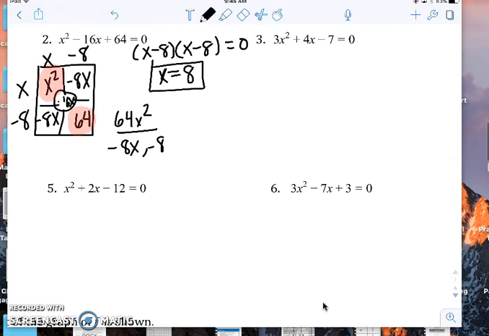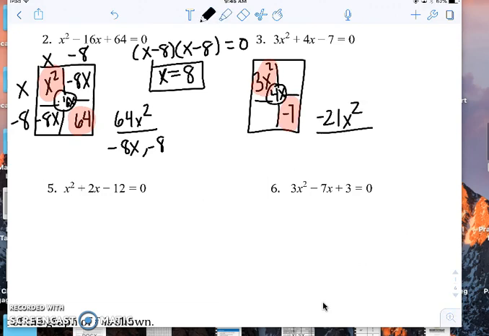So this next one, again, quadratic formula is hard without a calculator here, so let's see. Factor this one, so we have 3x squared, 4x, negative 7. So 3 times negative 7, we have negative 21x squared.